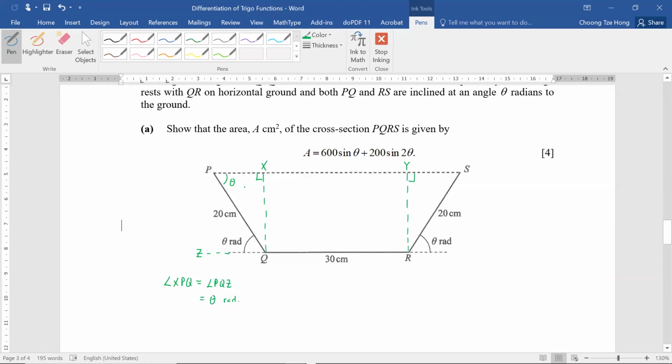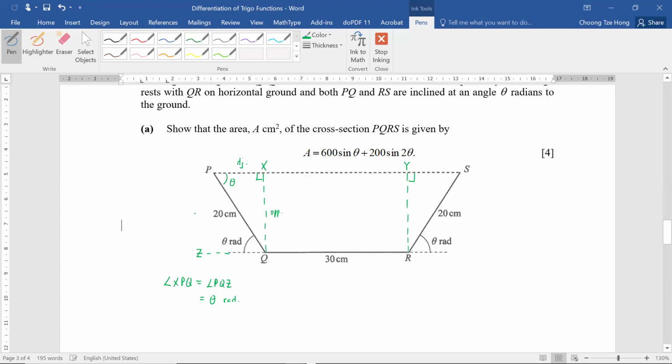Then from here, since we have a right angle triangle, we can use a trigo ratio to find PX and QX in terms of theta. Let's find PX first. If the angle we are interested in is angle XPQ, then PX will be the adjacent side and XQ will be the opposite side.